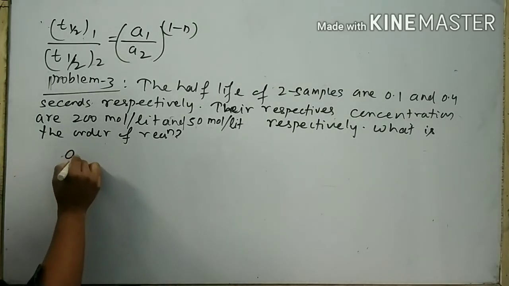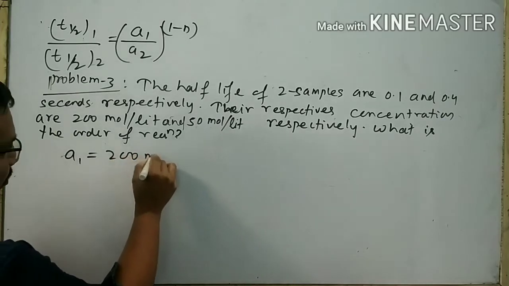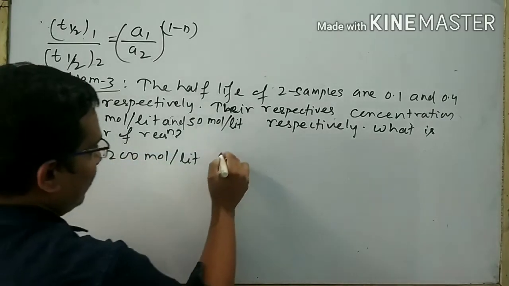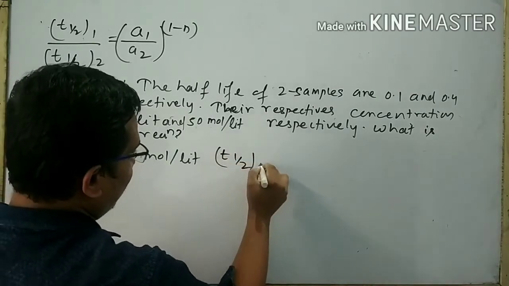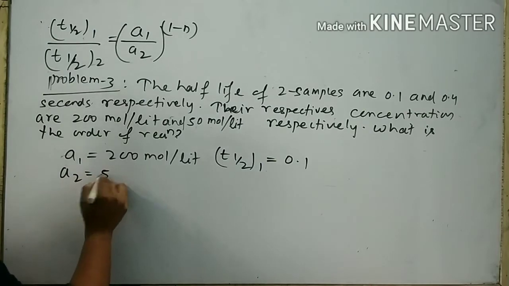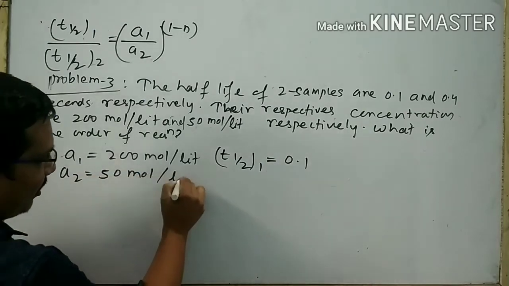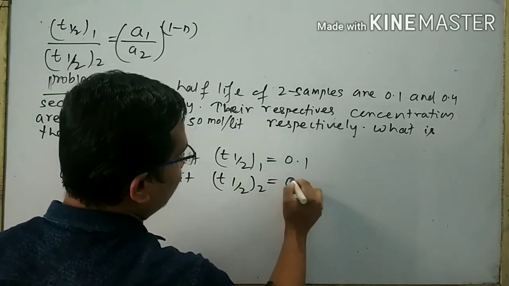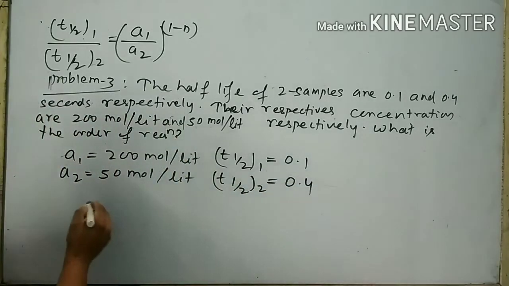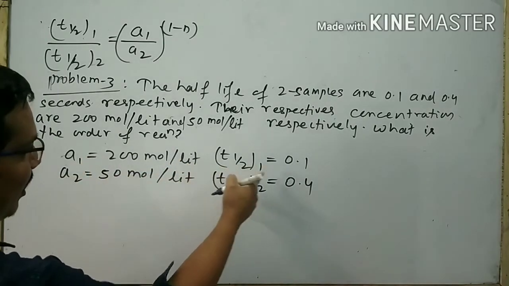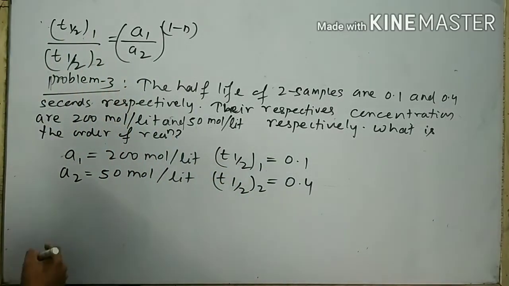In this problem, A1 is equal to 200 mole per liter and the corresponding T half 1 is 0.1, A2 is 50 mole per liter, T half 2 equal to 0.4. Now put the value of A1, A2, T half 1, T half 2 in this equation.